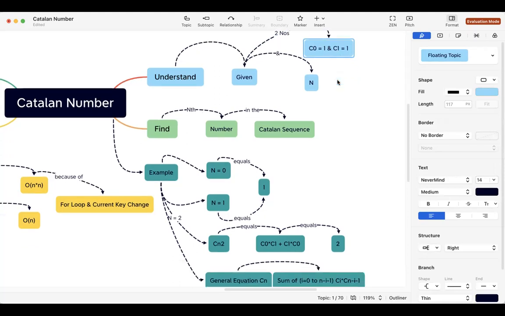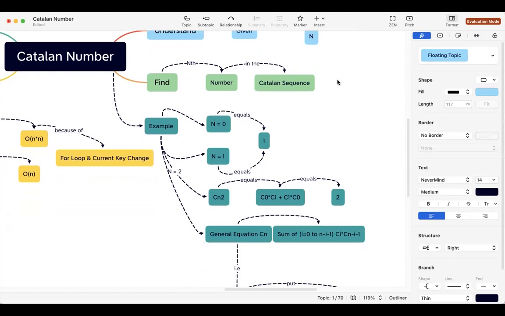Given an example here, n equals 0 gives 1, n equals 1 gives 1. If you find n equals 2, which is Catalan number 2, it would be Catalan number 0 into Catalan number 1 plus Catalan number 1 into Catalan number 0.